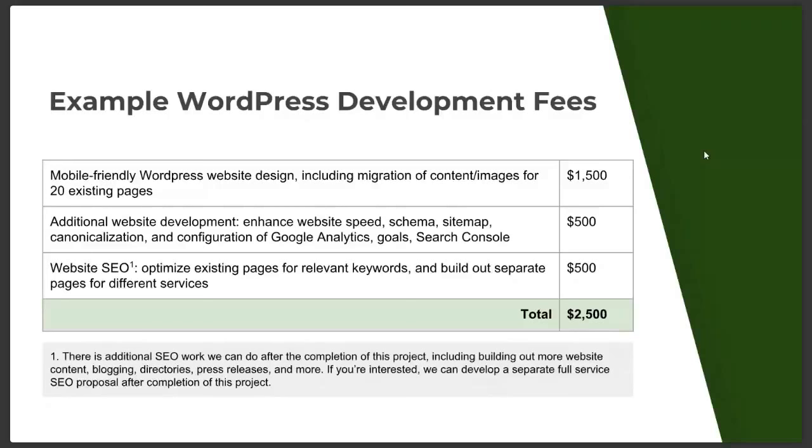For example, we might recommend even more website content, blogging, submitting your site to additional directories. That helps with local SEO, doing press releases, and possibly link building. So in that case, we would likely recommend the website redesign, and then as a separate future project, we could scope out the SEO work.